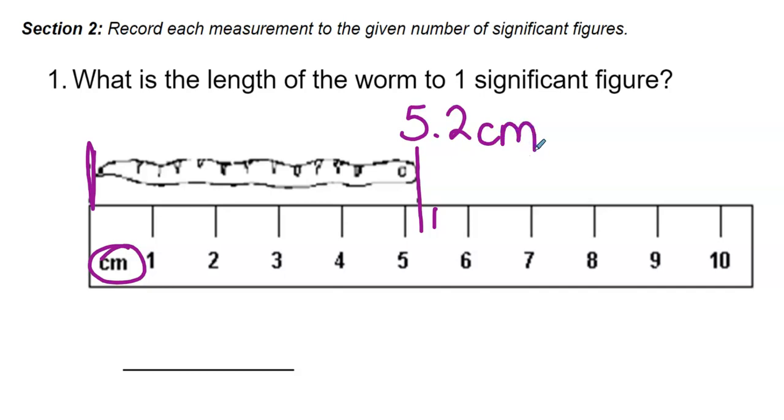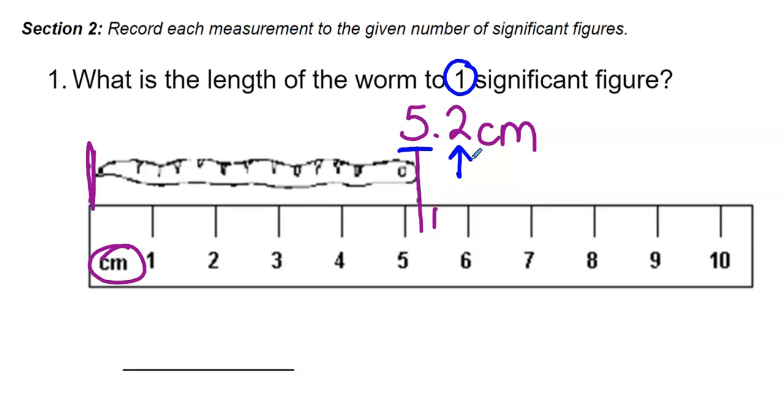But it says, what is the length of the worm not to 2 significant figures, which is what I just wrote down, but to just one significant figure. So I need to round before I record my final answer. This first value I get to keep, that one significant figure, and then I need to look at the next number over to determine if it's going to stay a 5, or if I'm going to round up to a 6.